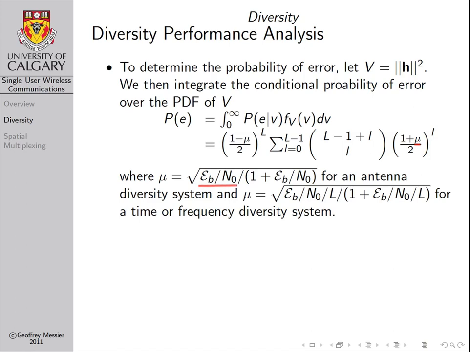The first one is a function of Eb over N naught, and this is for an antenna diversity system. And the second one is basically almost exactly the same, except Eb over N naught is divided by L, and this term is used when you're dealing with a time or frequency diversity system where the total amount of energy invested in transmitting the symbol is divided when you make your repeated copies, either in time or in frequency.